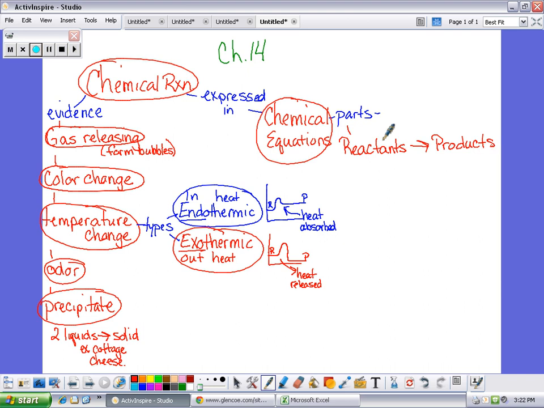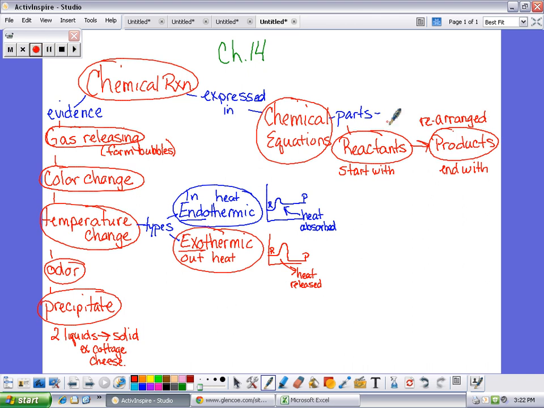The reactants is what you start with. And we know the reactants are different than the products, and the products are what you end with. And the difference is that the products are rearranged.